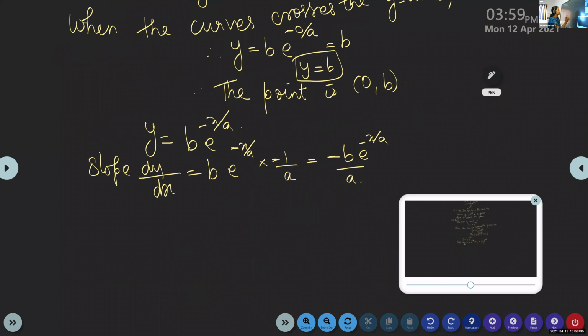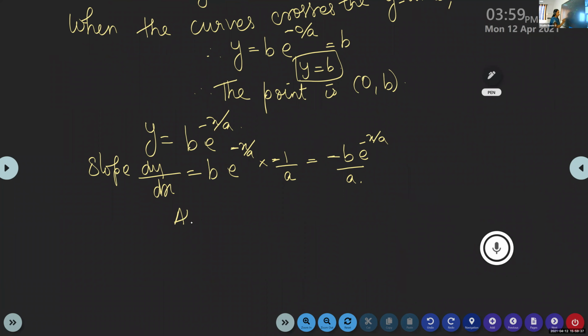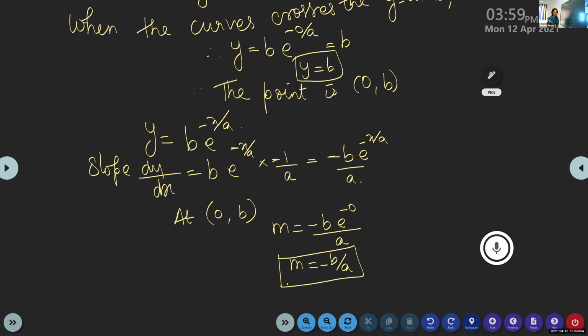At the point 0 comma b, what is m? m is minus b into e raised to minus 0 by a. So m is minus b by a.